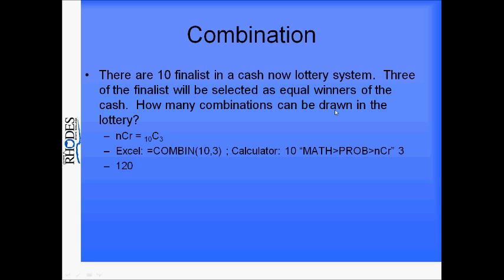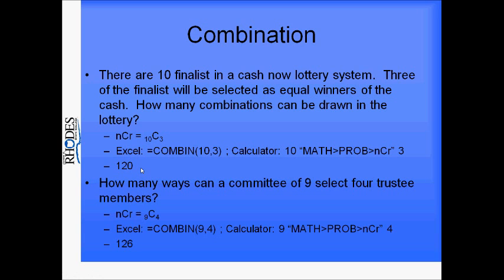So how many combinations can be drawn in the lottery? So again, you have your 10 finalists, so it's 10C, and you have 3 of the finalists being selected, so it's 10C3. Enter that on the calculator or plug it in Excel as equals COMBIN, and then put your 10 and 3 in, and it should spit out 120.